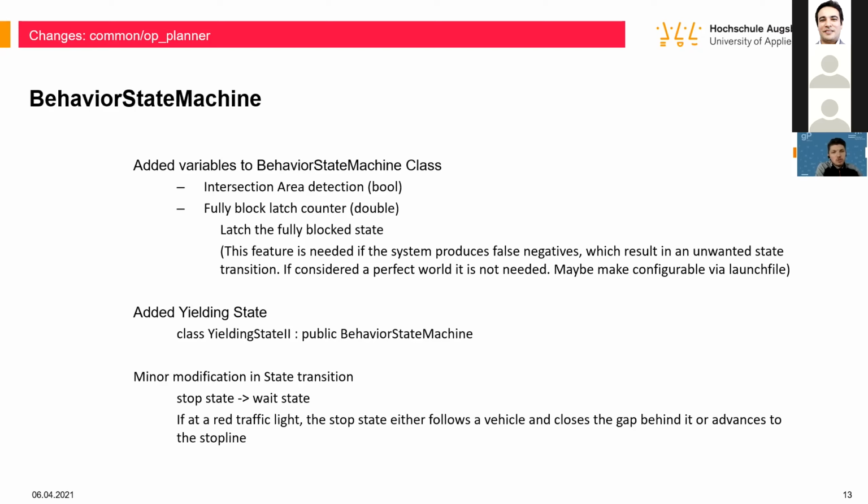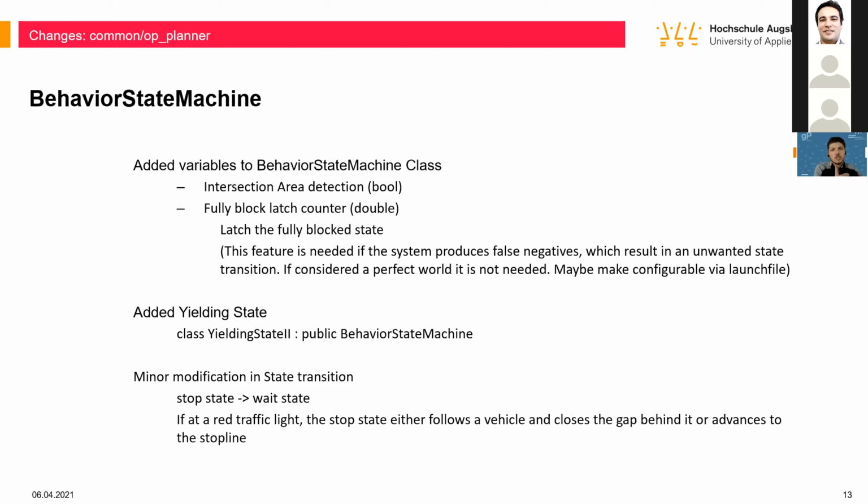The behavior state machine. This is basically some added variables, so we know where we are right now, and this is then available in the right classes. And then we implemented this yielding state. Right now we only transition to the yielding state when we are inside an intersection.